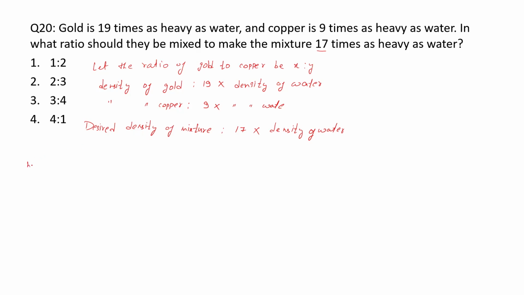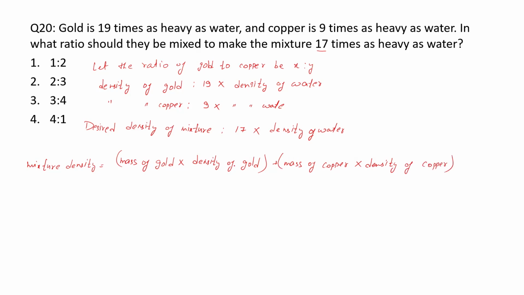Now, this is the formula: mixture density is equal to mass of gold into density of gold plus, second element is copper, so same, mass of copper into density of copper, upon total mass of gold and copper. Now, what is the density of gold?